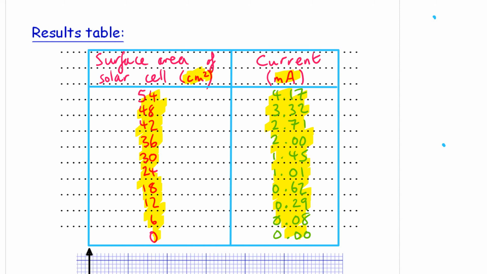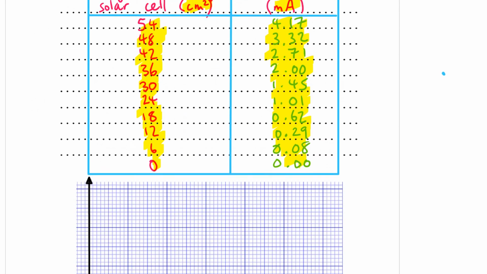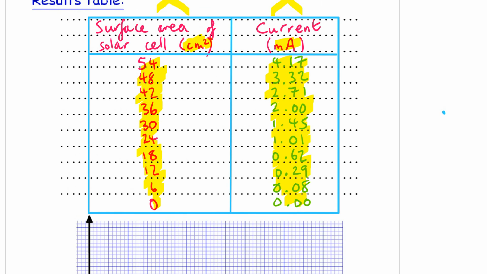Let's now complete the line graph, because it's a line graph because both of these variables are continuous. They are number values. Now, I'm going to label up the axes first.